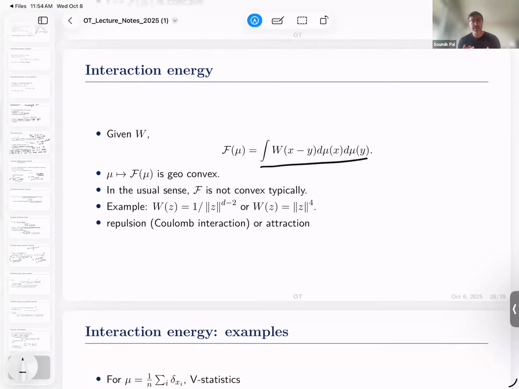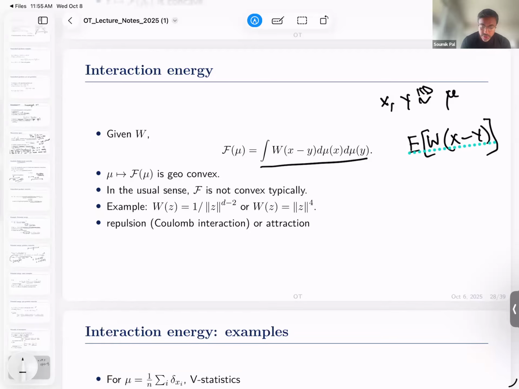In the usual parlance, you should think of it as a quadratic function of a probability measure. In fact, if I sample two IID random variables X and Y from mu, then this is nothing but the expected value of W(X - Y).